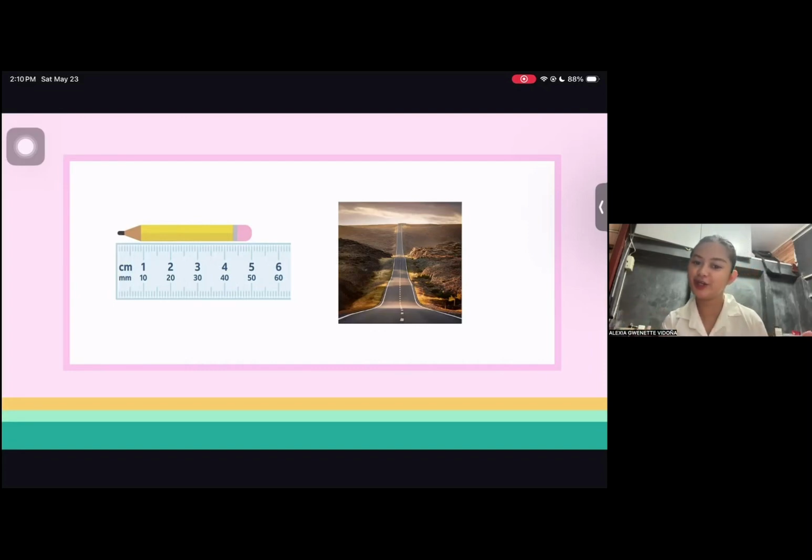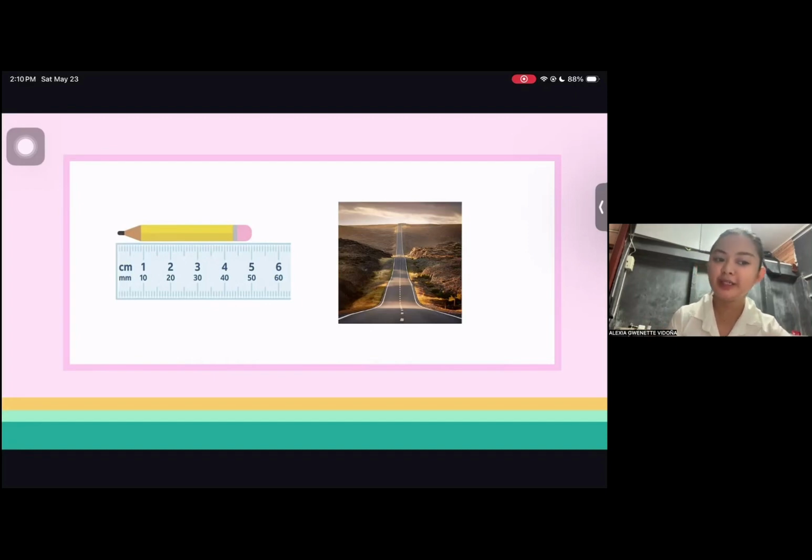It is short or long? Correct. The road is long. Do we use the same unit to measure them? Exactly. We do not use the same unit because objects have different sizes and lengths.